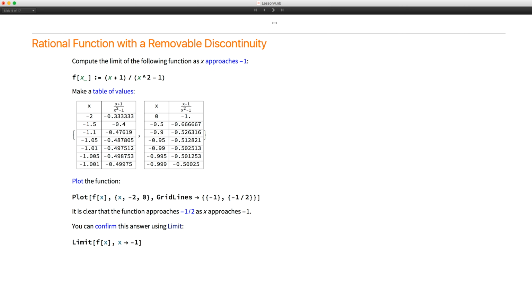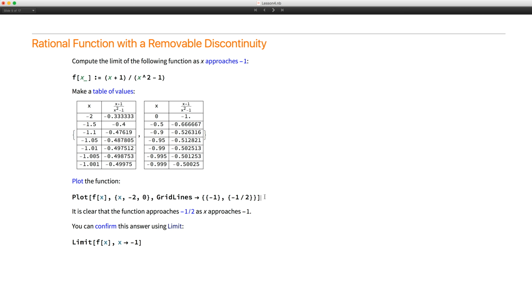As my second example, let's take a rational function. That's a rational function. It's a polynomial divided by a polynomial. Now notice that when x is either plus or minus 1, there's a problem with the denominator becoming 0. So let's say you want to talk about the behavior near -1. So near -1, it looks like the values are very close to -0.5.